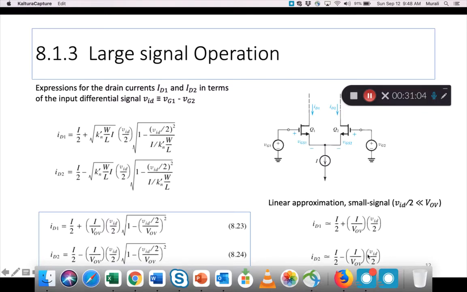And we know that once the current changes are linear, then the output voltage will be linearly connected to the input voltage. So the amplifier is operating linearly. But for that, obviously, you need small signals to eliminate the impact of the square and the square roots and all that. Okay? All right.